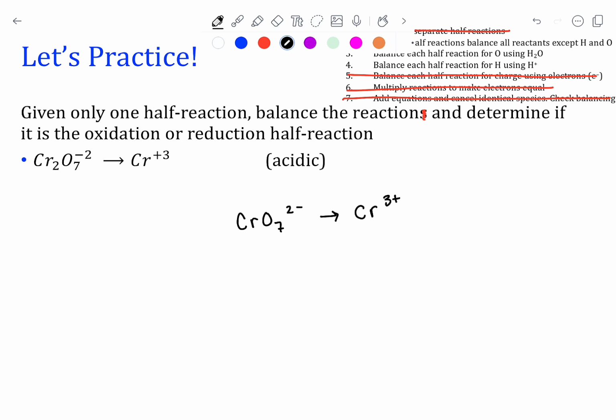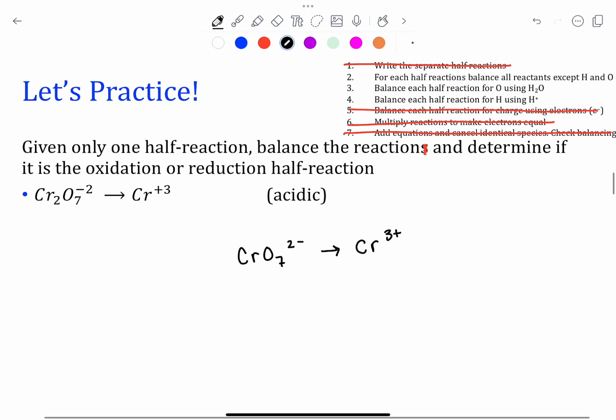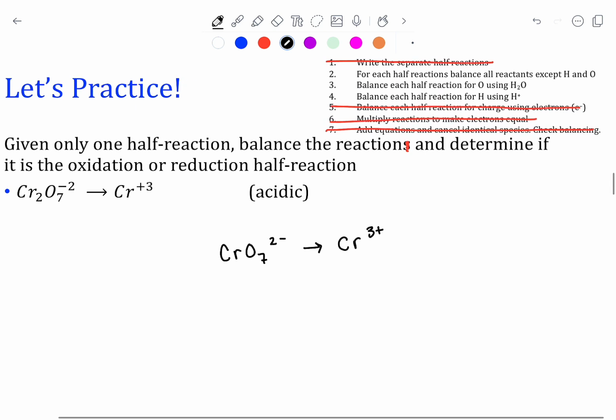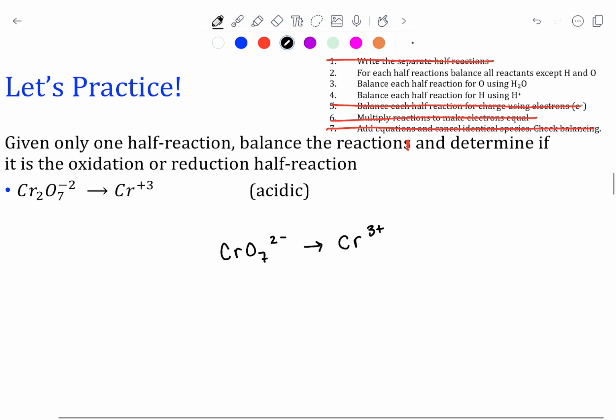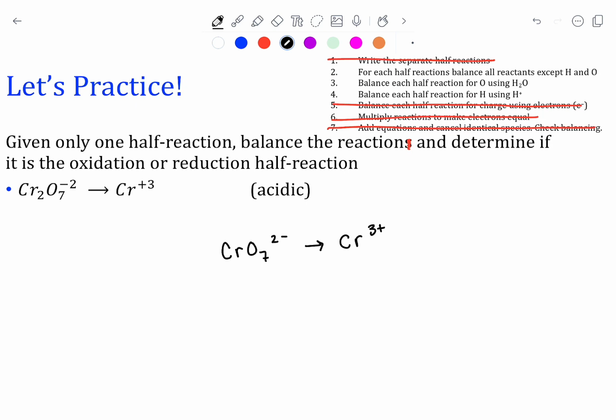Okay, so our first step, so step number 2 here, is for each half reaction, balance all elements except for hydrogen and oxygen. Well, chromium is balanced with chromium. There's one of each, so we've done that step. We're ignoring the oxygen because the next step is to balance each half reaction for oxygen using H2O.